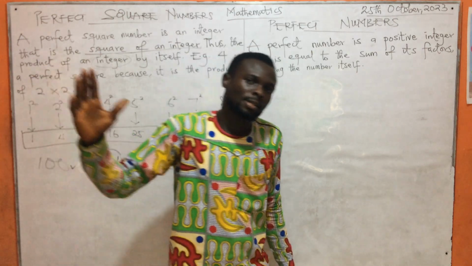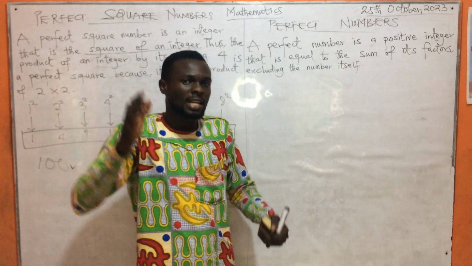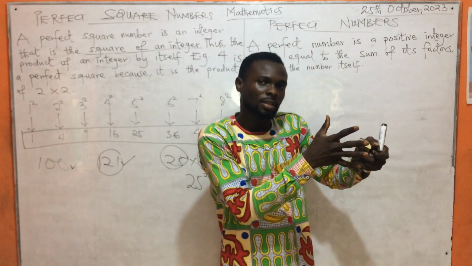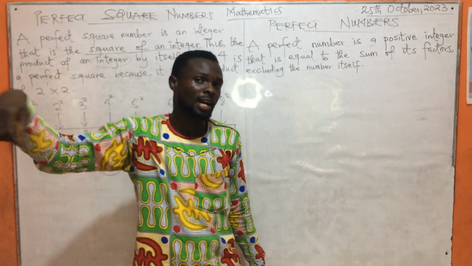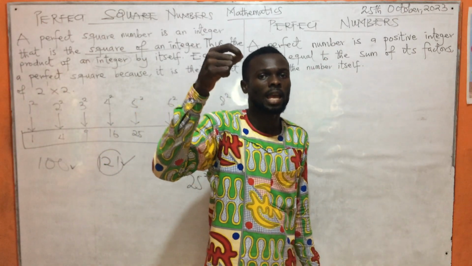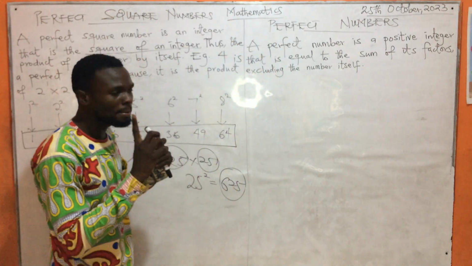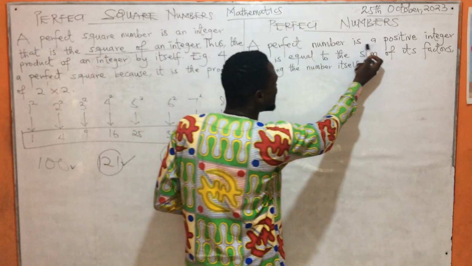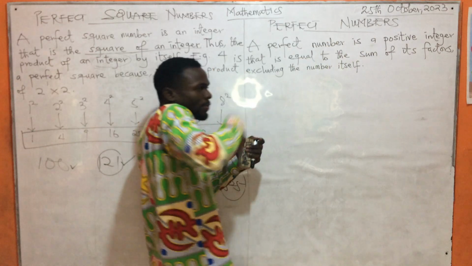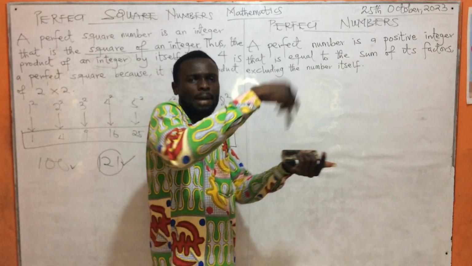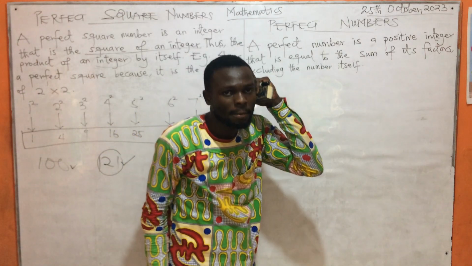Then sum the factors, excluding the number. Now, if the sum of the numbers you are summing happens to be equal to the number whose factors you found, then that number is a perfect number. Remember, I said that a perfect number is a positive integer that is equal to the sum of its factors. So the number that equals the sum of its factors, excluding itself, is a perfect number.